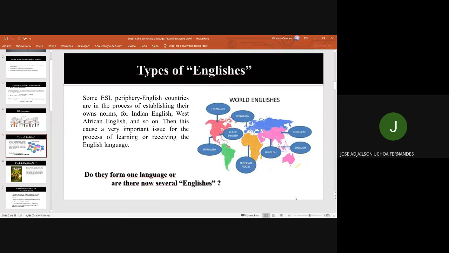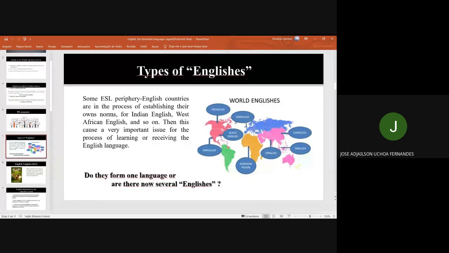I had a Nigerian student of Portuguese, and it was really difficult understanding her accent. It's not a problem with her or with her language. It's a problem with our process of teaching and learning in Brazil, which makes us able only to understand what they call standard American English.